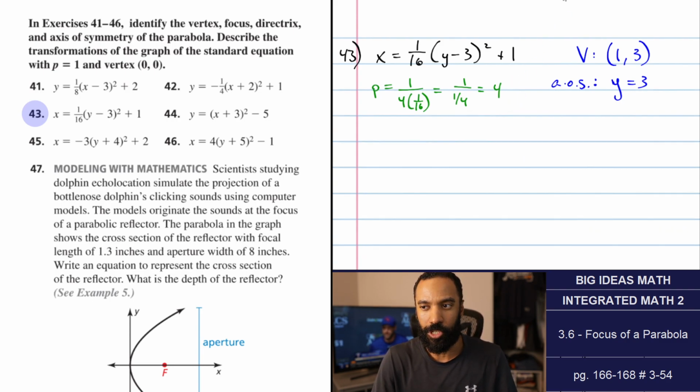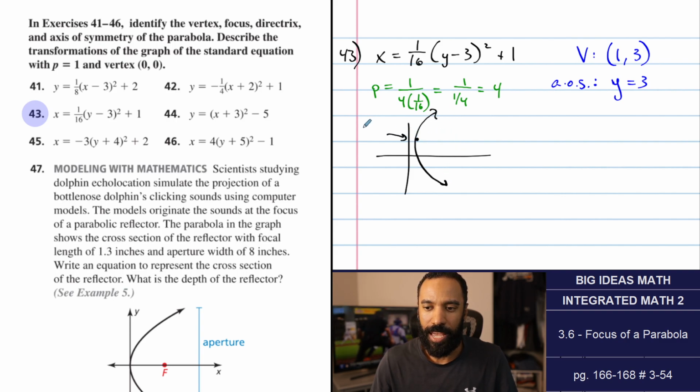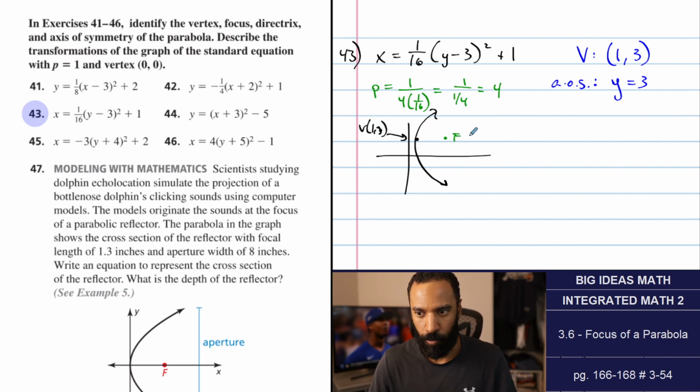However, now as we look at this graph here, keep in mind, our vertex at 1, 3 looks like that. It's an x equals y squared equation, though, so it goes this way. So your vertex at 1, 3, your p-value being 4 means we're going to go 4 to the right from 1, 3 for your focus. 4 to the right of 1 is 5.